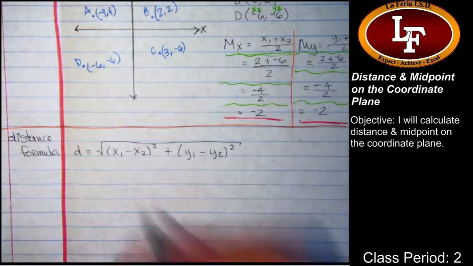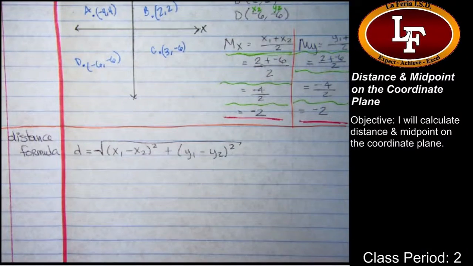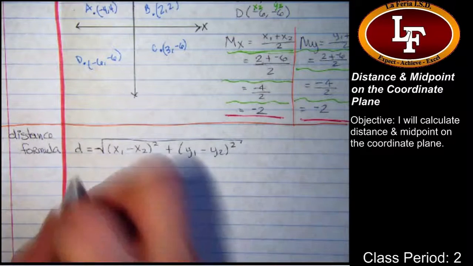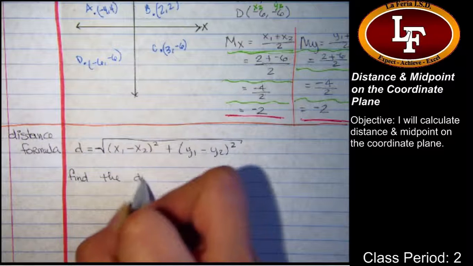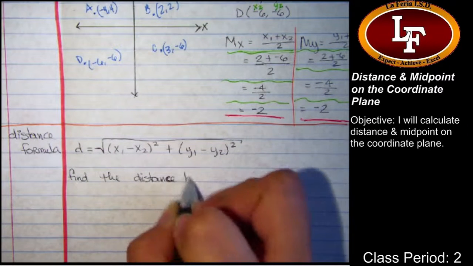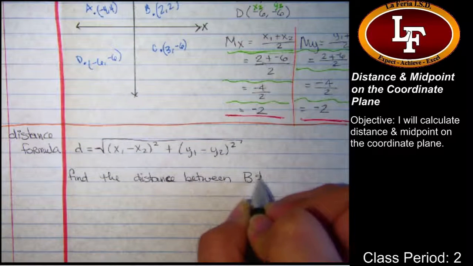And this is a square root symbol. It's not a division. There's the distance formula. You're going to find on a skill check something that says find the distance between B and D.